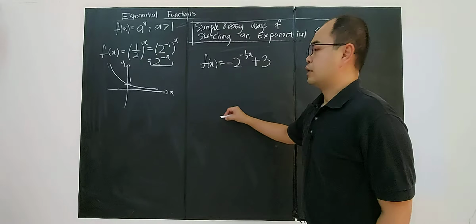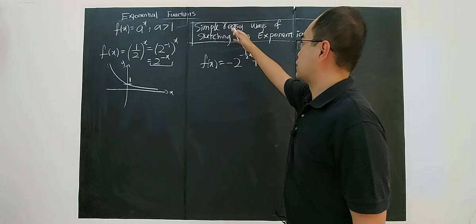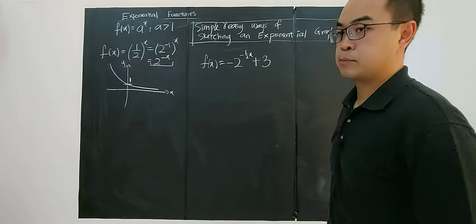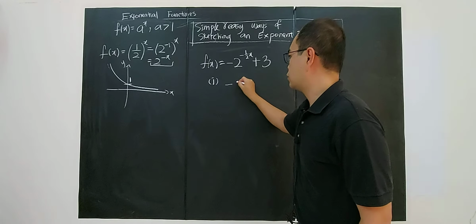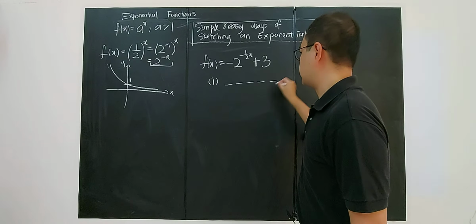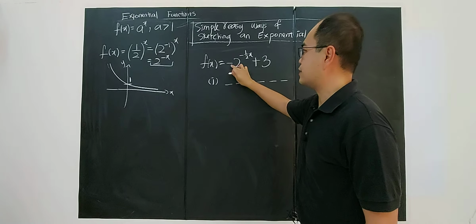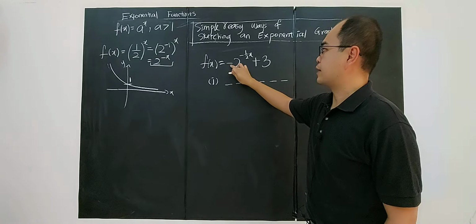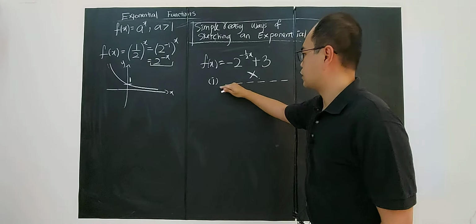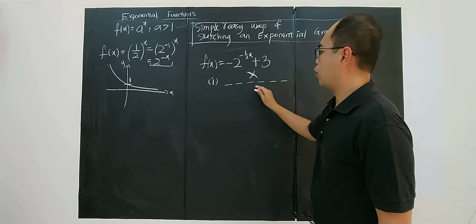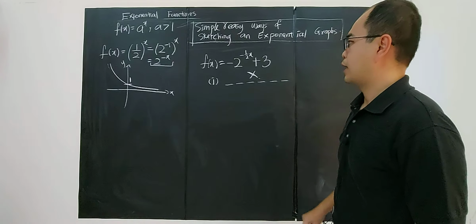Very simple. In the previous video, I already talked about the simple and easy way of sketching an exponential function. The first step is you draw the asymptote. So if you look, there is a negative here. If there is a negative here, the graph will not be above the horizontal asymptote. It will always be below the horizontal asymptote.